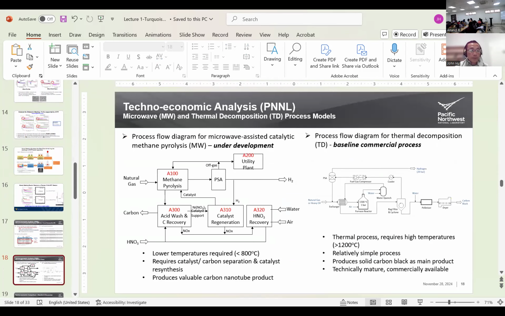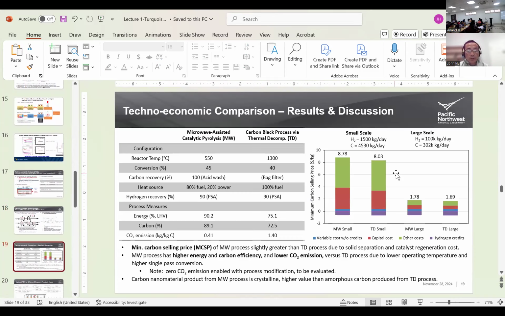So this really tells you that at small scale, because you do not have the economy of scale, you have to sell your carbon at a very high price, $8. Today, give or take, carbon black or many carbons are sold for much less than this. However, if you go to a very large scale, you only need to sell the carbon at a $1.69 minimum selling price in order to break even, which is really good.